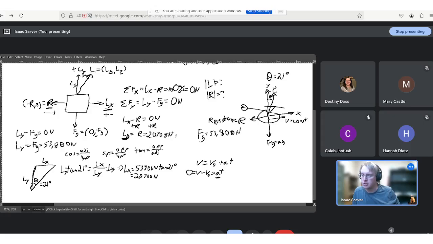Alright, so now we know everything about L. Lx is 20,700 newtons, and 53,800 newtons goes there. So now I have both components of L.